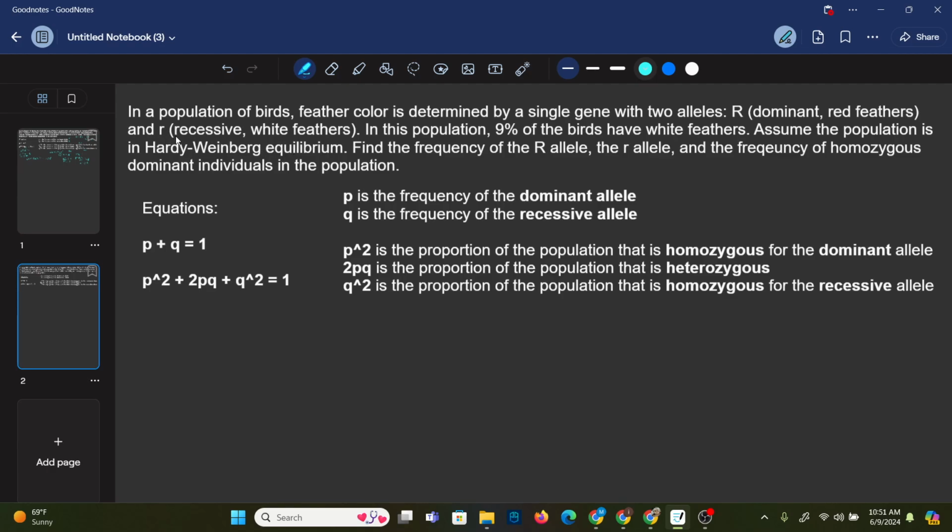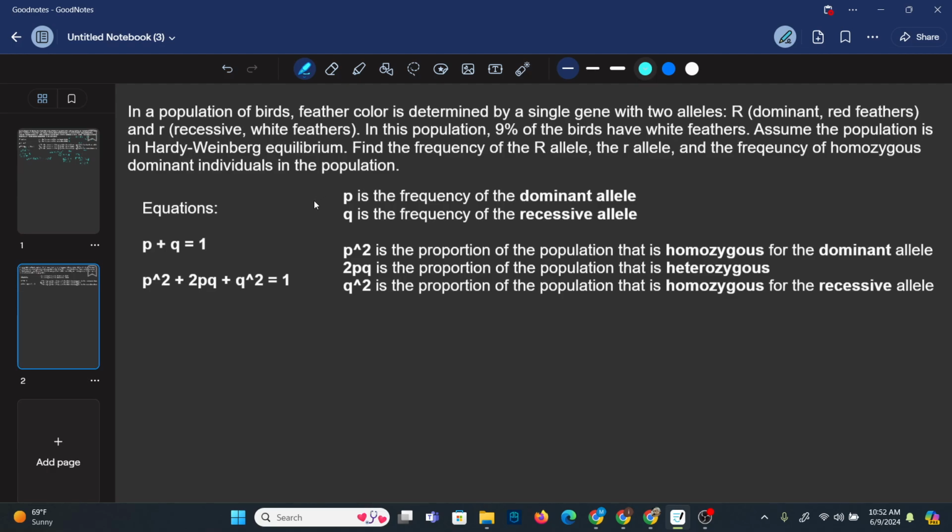And we have little r, which is recessive and is for the white feather phenotype. In the population, 9% of the birds have white feathers, which is recessive. Assume the population is in Hardy-Weinberg equilibrium. We want to find the frequency of the big R allele, the little r allele, and the frequency of homozygous dominant individuals in the population.